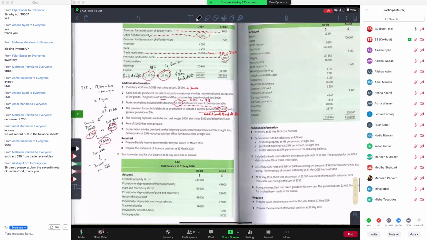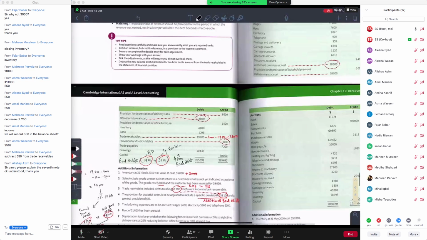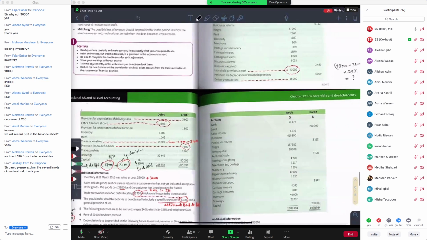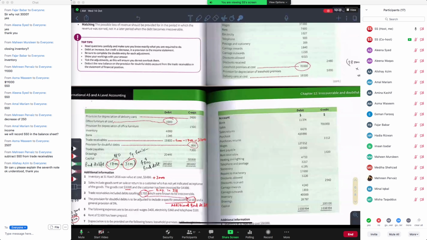Net book value is basically cost minus the previous year's depreciation. So this is the cost of the van here, and this is its depreciation here. You subtract these two values to find the net book value first, and then you take 25% of that remaining net book value. Right, Aman?